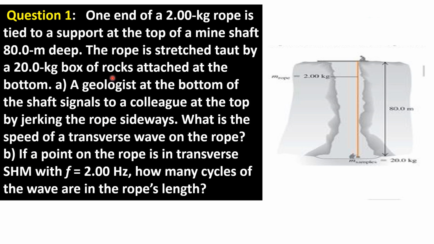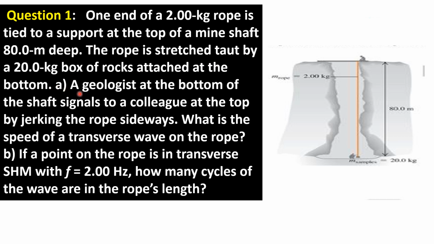Question number 1. One end of a 2 kilogram rope is tied to a support at the top of a mine shaft 80.0 meters deep. The rope is stretched taut by a 20.0 kilogram box of rocks attached at the bottom.